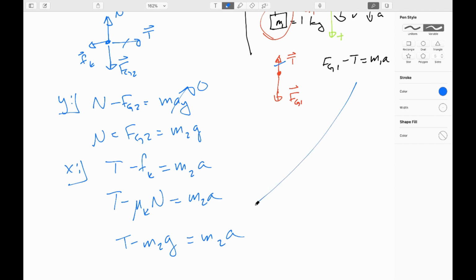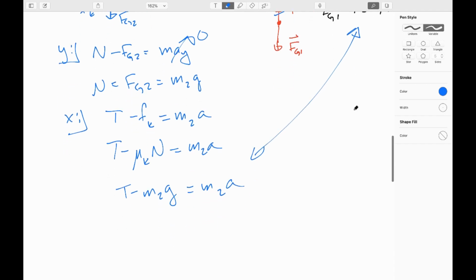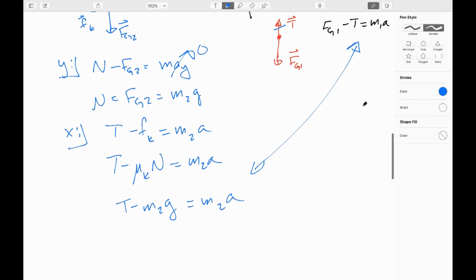Now we can do the same trick we did before of adding these equations to make the tensions go away, so let's do that. If I were to follow this one through for just one more hot second, this would be m1g minus T equals m1a. So let's add to this equation m1g minus T equals m1a.